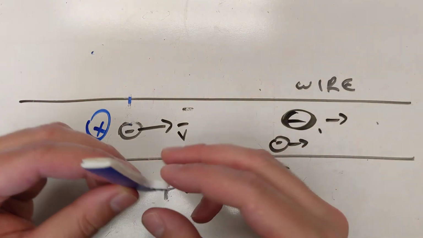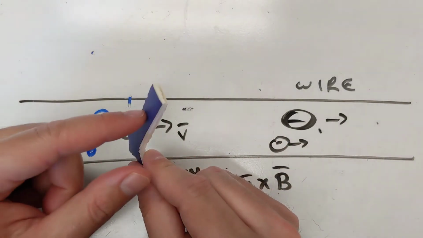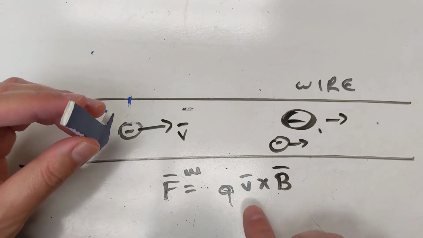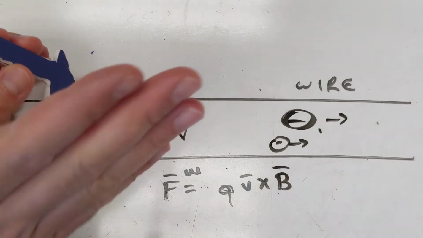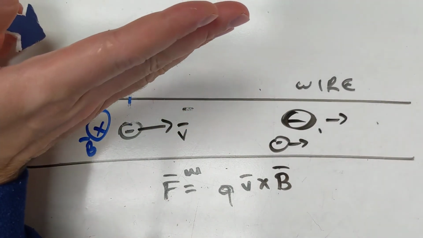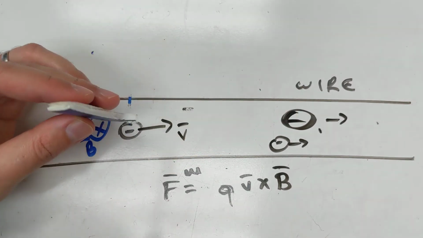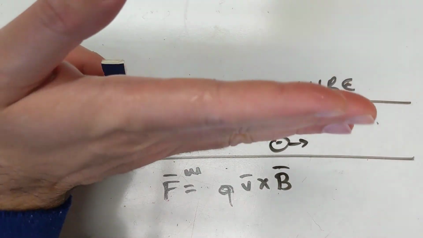So here is my B vector. And to find the direction of the magnetic force, I need to start with V cross B. As before, I need to use the fingers of my right hand, and have them point in the direction of V. Now, because B points into the page, I cannot really do something like this.